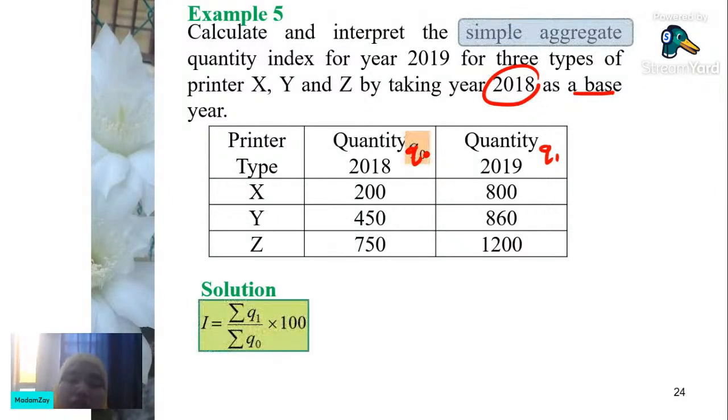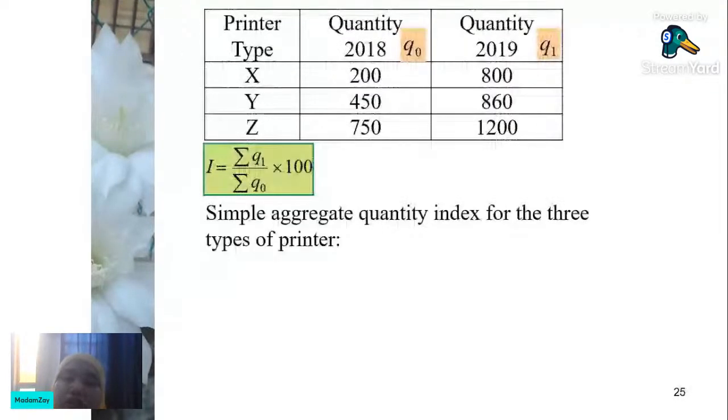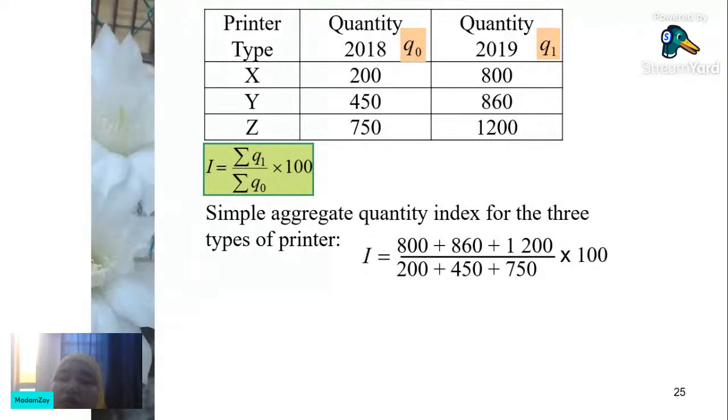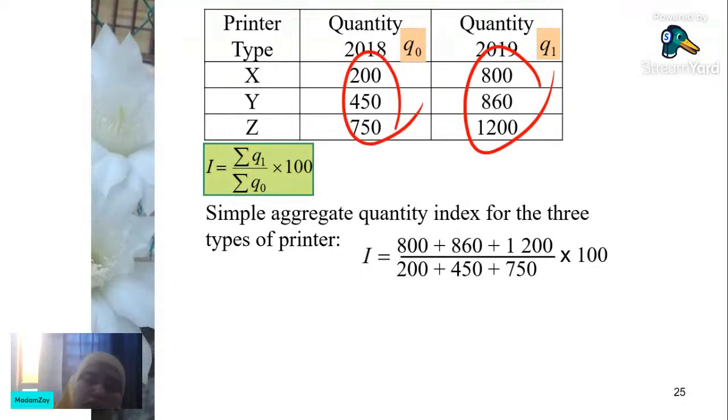So the total for Q1, we get 800 plus 860 plus 1,200 divided by total Q0, which is 200 plus 450 plus 750, multiplied by 100. So just the total in 2019 divided by the total in 2018.